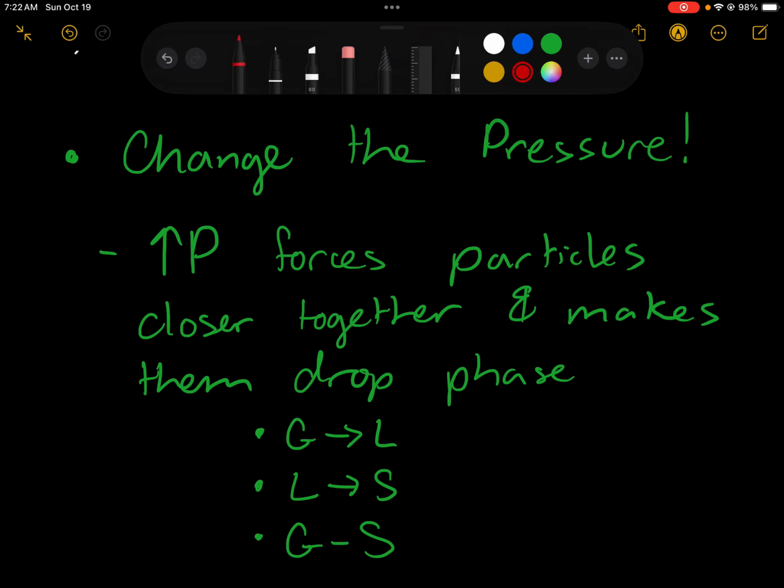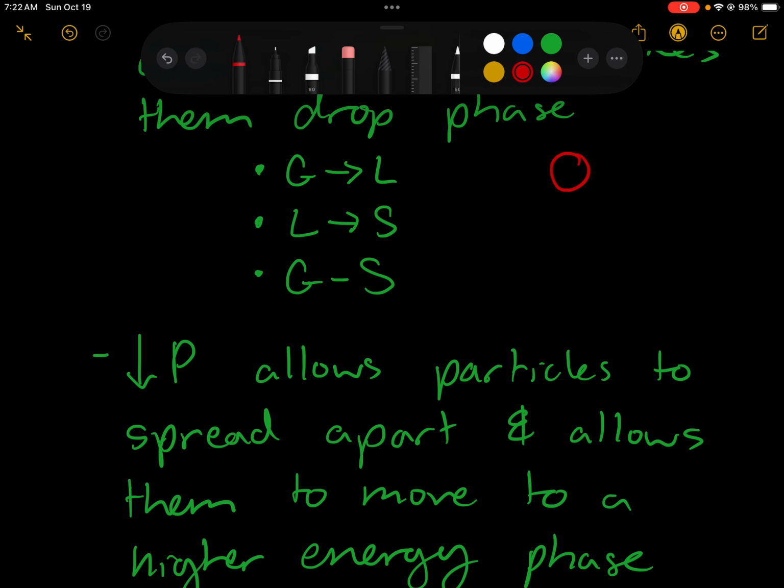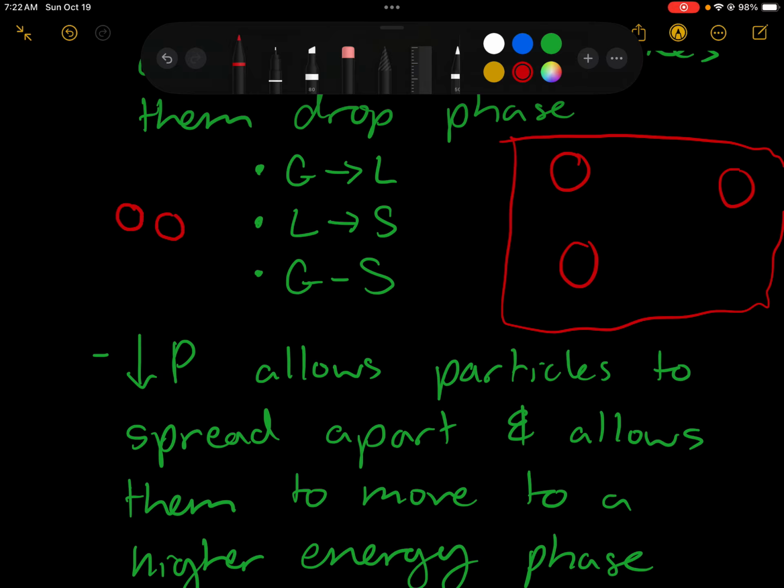If I increase the pressure, it's going to force particles to become closer together. So let's say I have a gas phase particle and I increase the pressure of the container around it. That's going to force those gas particles to be closer together, right? If I put them in a space that's a lot smaller.